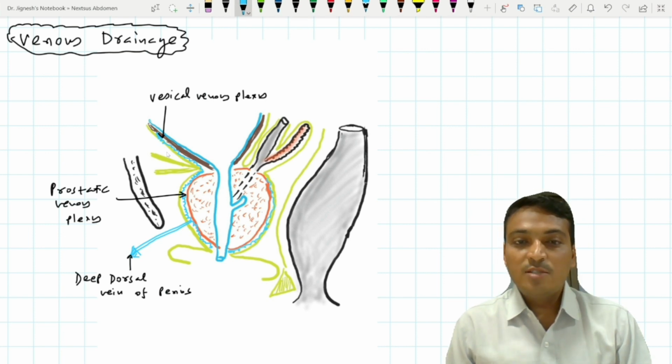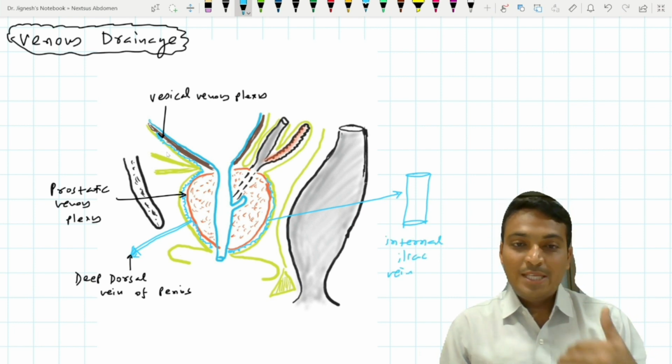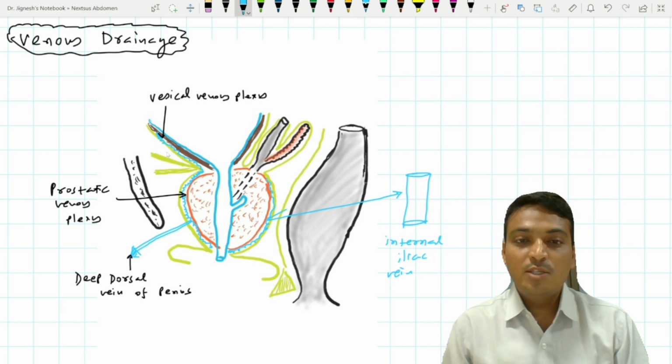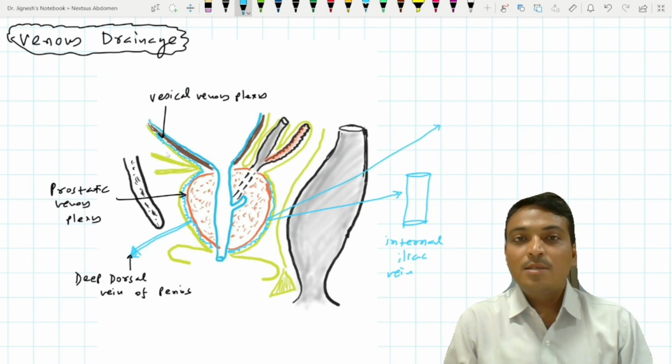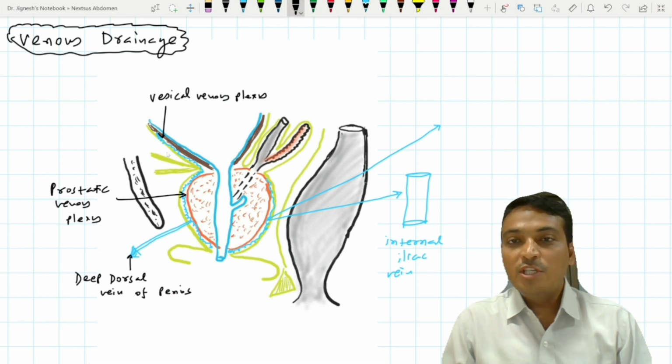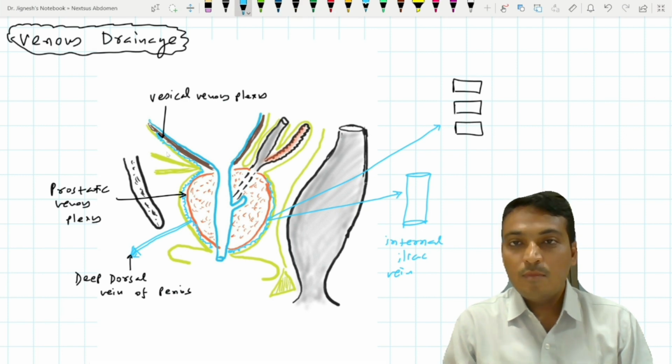This prostatic venous plexus drains into the internal iliac vein through the posterior ligament of the bladder. And one special route of drainage of this prostatic venous plexus is the vertebral venous plexus of Batson, which is situated around the vertebral bodies.